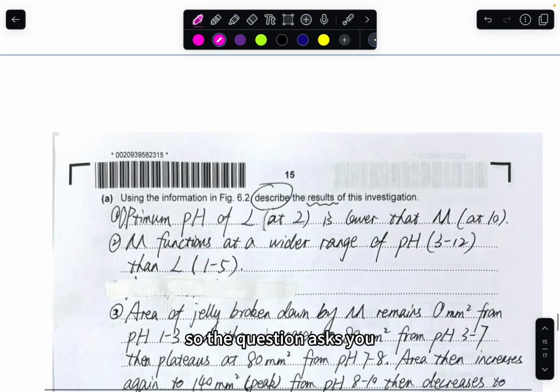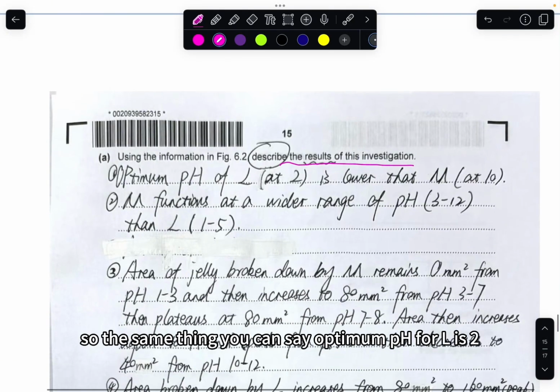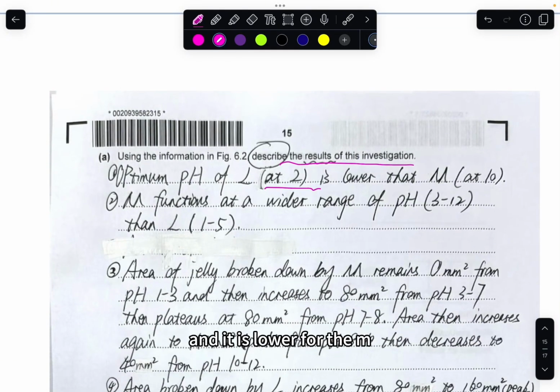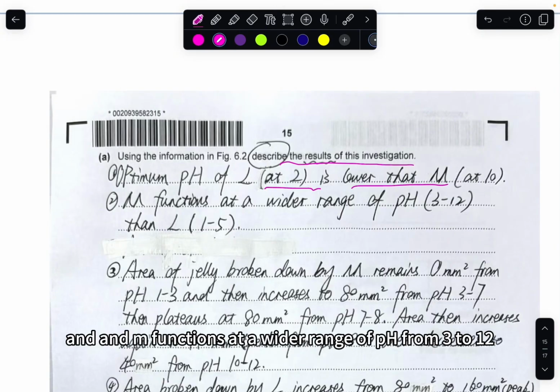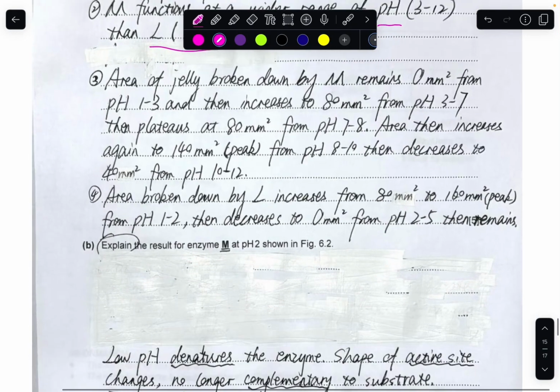So the question asks you to describe the result of this investigation. You can say the optimum pH for L is 2, and it is higher for M, and M functions over a wider range of pH, from 3 to 12, than L, which is from 1 to 5, because enzyme L likes the lower pH and enzyme M likes the higher pH.